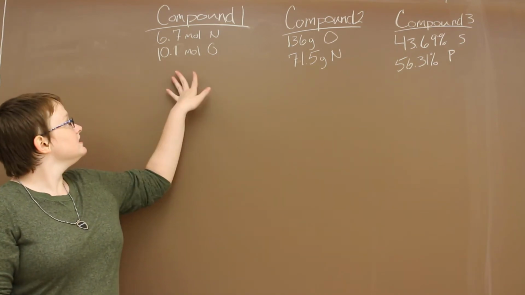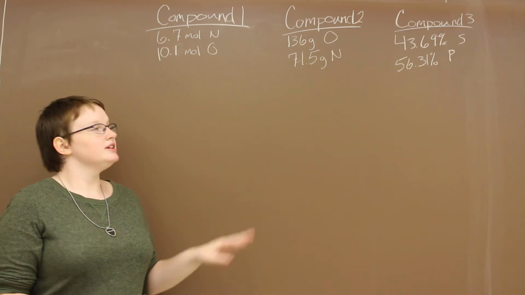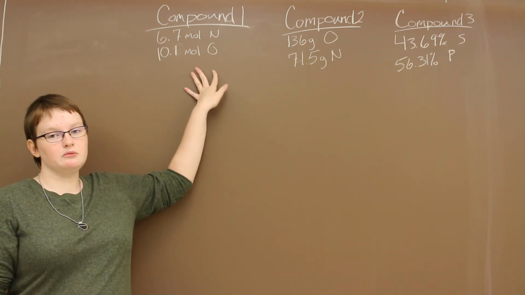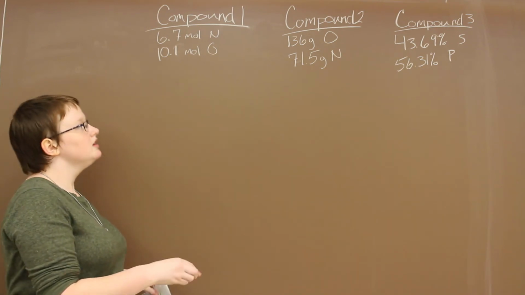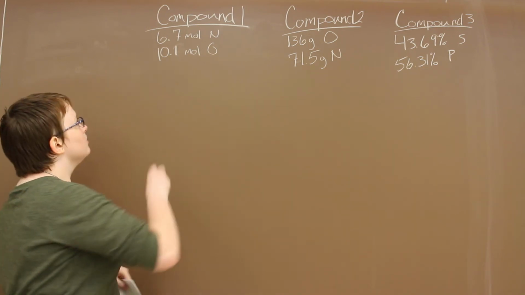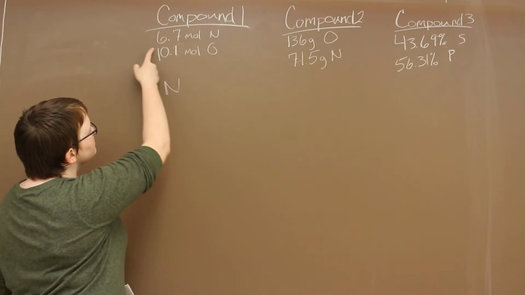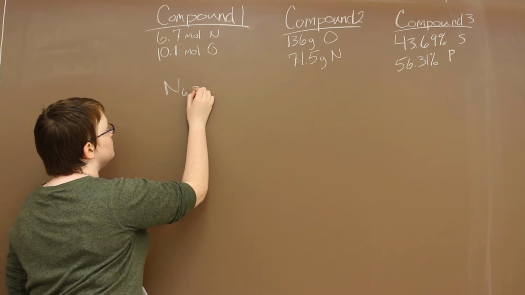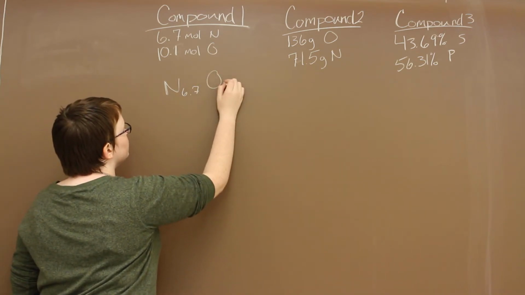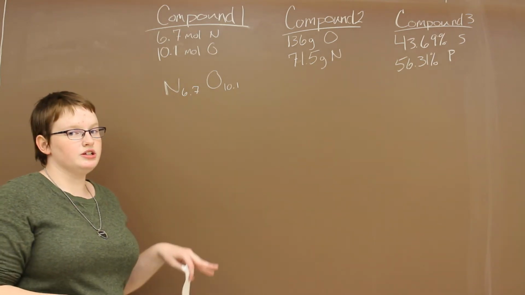So for our first example, we know the moles of each element that we have. So this compound has 6.7 moles of nitrogen and 10.1 moles of oxygen. So to determine the empirical formula, we'll put the moles as the subscript, and then we'll divide by the smallest one that we have.